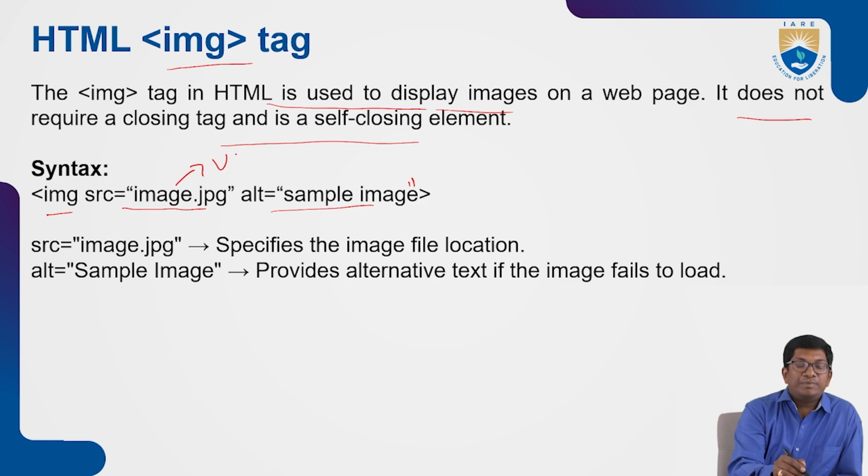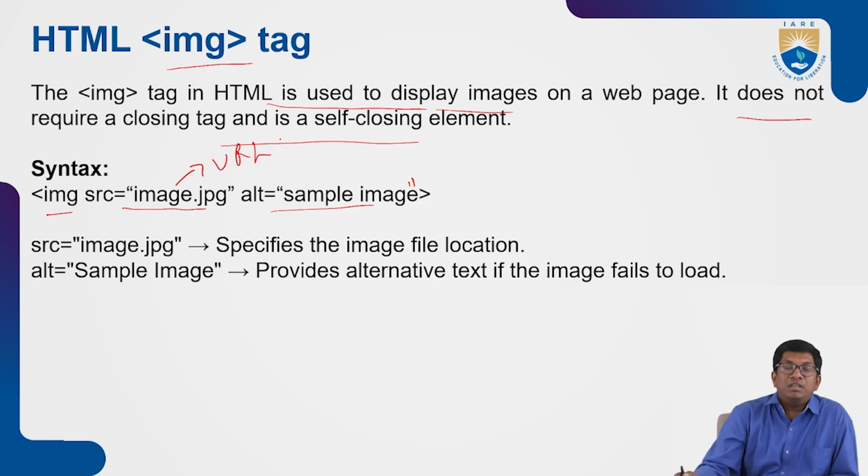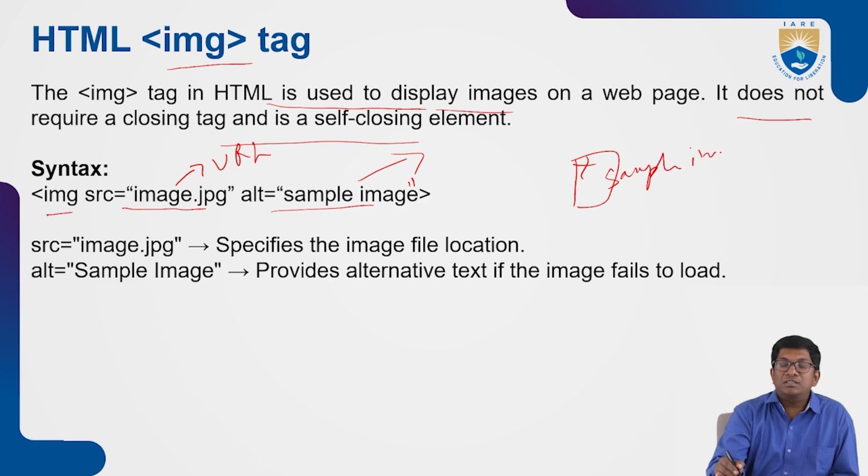We have to specify the path of the image, and alt means if this image is not available, or you have not given the path correctly, or not given the extension or file name correctly, then it displays the alternative. So in a broken image, the text is displayed here: sample image. So you can understand.